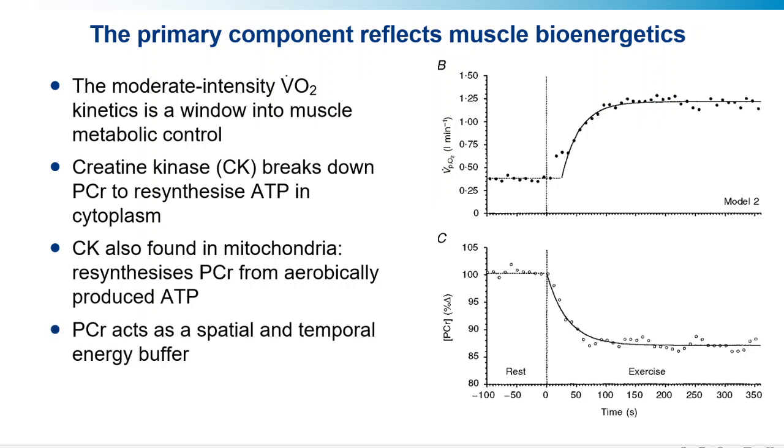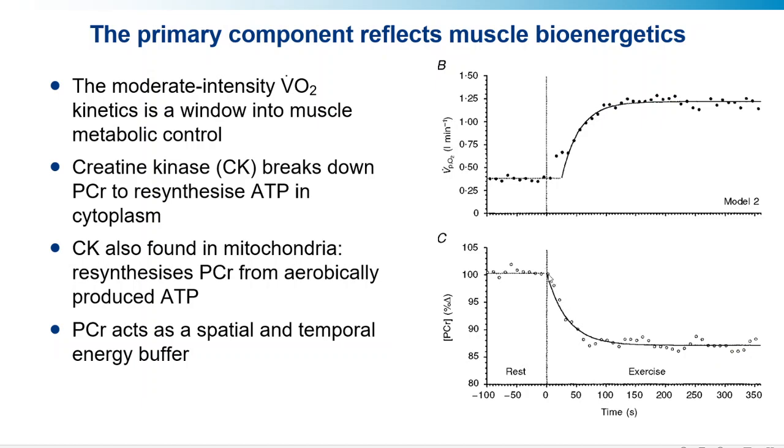And so in that way, phosphocreatine acts as both a spatial and temporal energy buffer. It stops energy having to fly here, there, and everywhere. It stops the mitochondria having to be everywhere at the same time, but it also slows things down. It means the mitochondria don't have to immediately increase oxygen uptake at the onset of exercise, because what Rossiter and colleagues showed was that this increase in oxygen uptake and the kinetics of that increase were identical to the kinetics of phosphocreatine degradation.